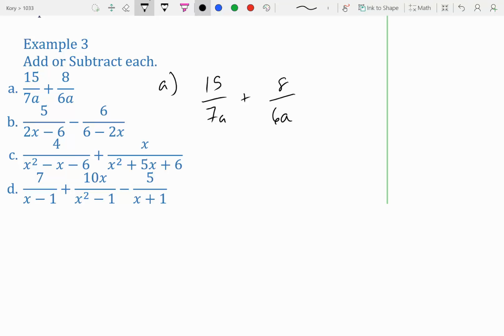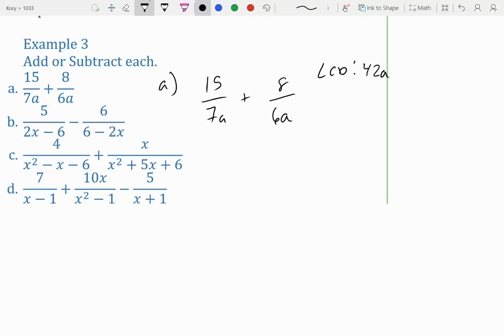Well, you're going to do that regardless of which way you do. So let's find the LCD. If you don't know it, multiply the two numbers together. What's 7 times 6? It's 42. And then you see how they both share an a, so that means they need to both have an a. Now, that is what you do regardless if you're doing my way or your way, it doesn't matter. You always want to take that first step and find the LCD.